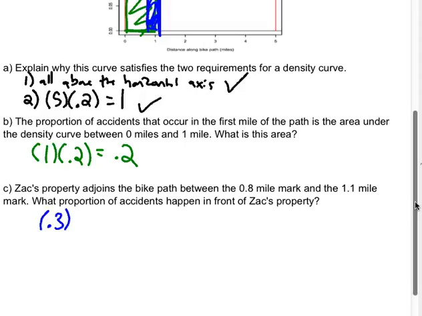The height is 0.2. So this has a 0.06 or a 6% chance. So 6% of the accidents are going to be happening along his property line. Again, just keeping in mind the area under the curve represents the amount of data that is in that region, the percent of the data that is in that area.